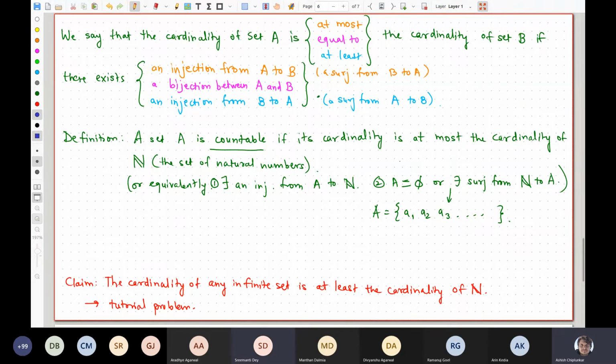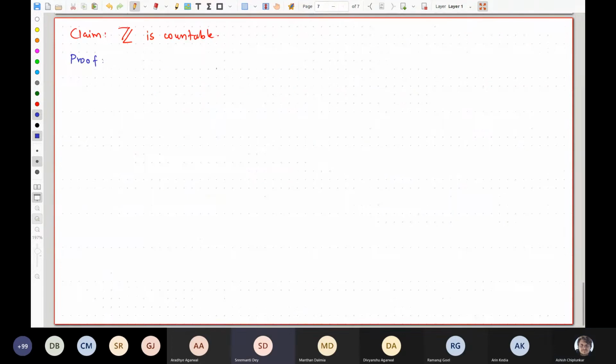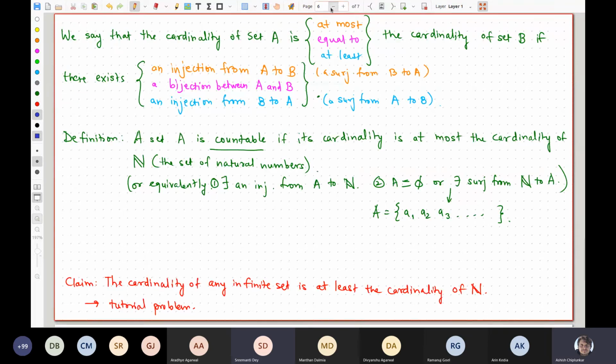Yes, sir. We could say Z minus and Z plus, and include 0 separately. Z minus would be minus n for all natural numbers, and Z plus would be n for all natural numbers, and 0 separately. I want an injective function from the set of integers to the set of natural numbers. Note that the set of integers is a strict superset of the set of natural numbers. I want to construct an injective function.